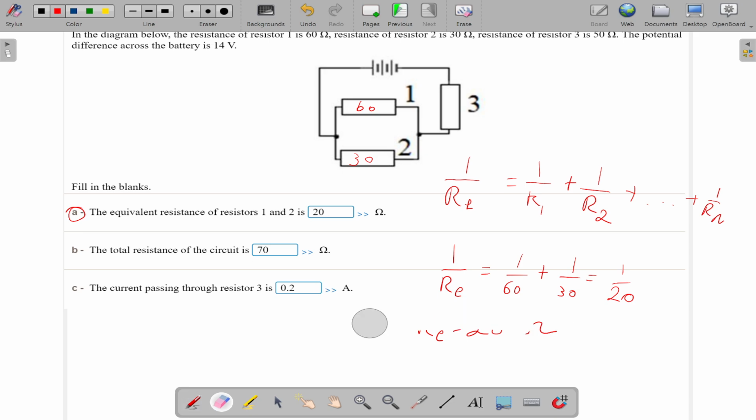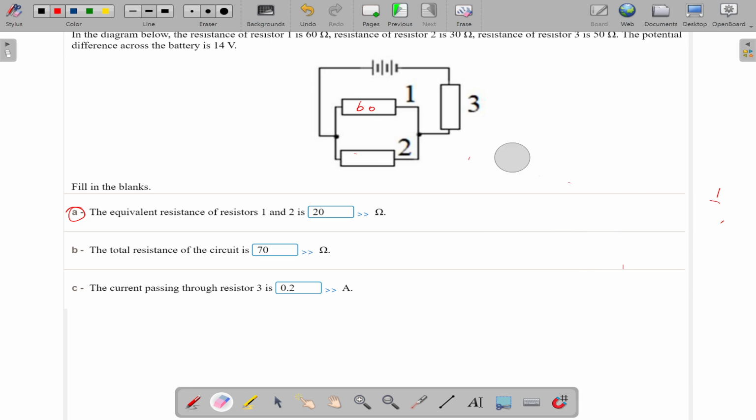Now for part B, I'll just erase everything. For part B, the total resistance of the circuit is, so remember, we're just going to draw this as series now, since the resistance in series is additive, not as a fraction, as a full number, instead of drawing it mixed. So this here is going to be R12, because it's R1 plus R2, and then this here is going to be R3, and this is the end of the circuit.